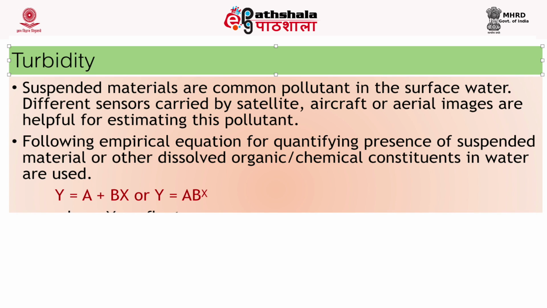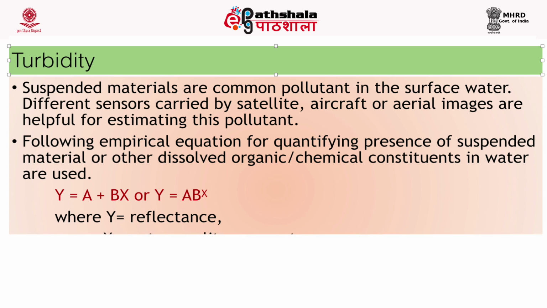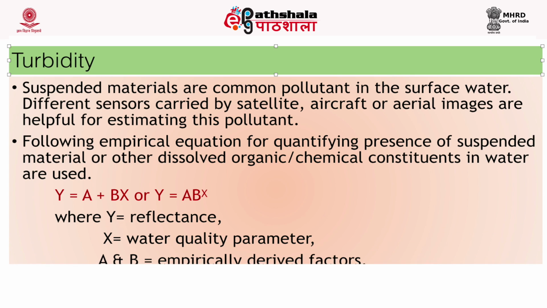So, we can take y equal to a plus bx, or we can also consider y equal to a into b to the power x. Here y is reflectance that we can estimate from a, b and x. Here x is the water quality parameter and a and b are empirically derived factors.